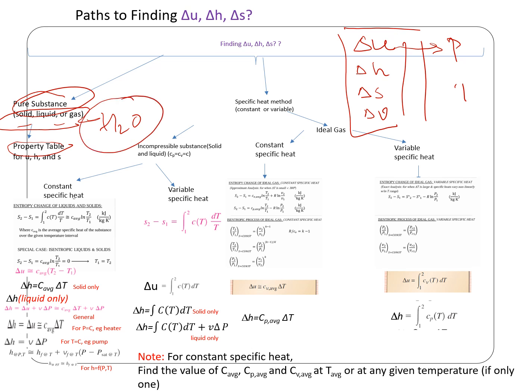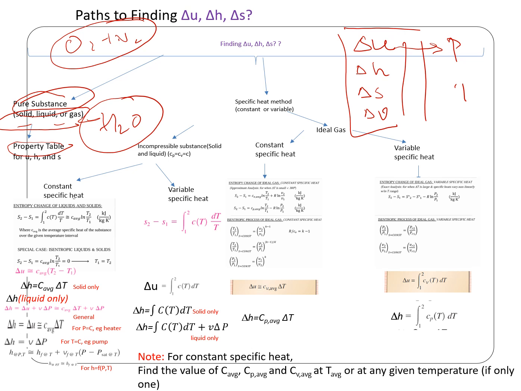Now, if it is a mixture of maybe oxygen and nitrogen, then it may not be homogeneous. But air is considered a pure substance, because it has the same chemical composition everywhere. But in general, when you have more than two gases present, and the chemical composition is not the same throughout, then you cannot consider it a pure substance.